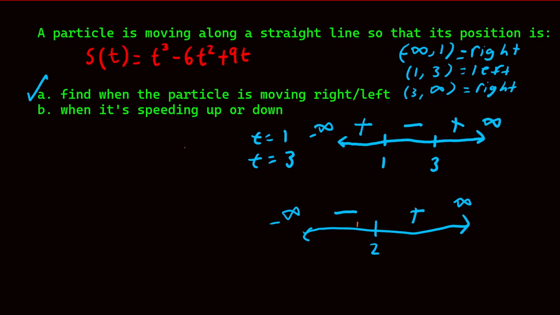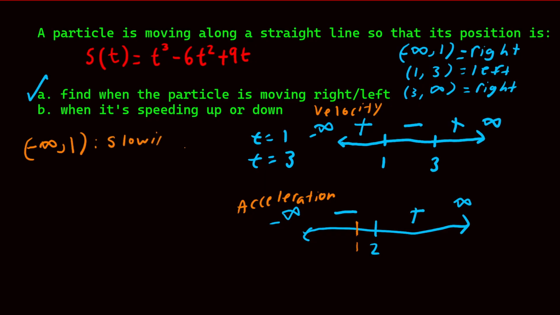So let's put an imaginary little 1 here. On the acceleration, which is here, and the velocity sign chart up here: negative infinity to 1 on the acceleration is negative, but up here on the velocity, negative infinity to 1 is positive. So from negative infinity to 1, the object is slowing down because it's different signs.